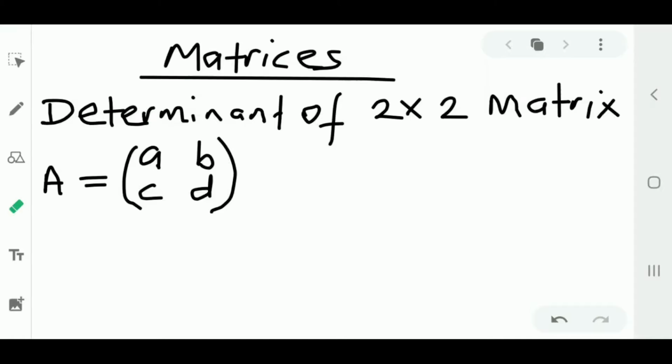So first we're going to find the determinant of a 2 by 2 matrix. Let's say we are given a matrix A equal to A, B, C, and D. We usually denote the determinant by writing A between two lines, and these lines we call the modulus.